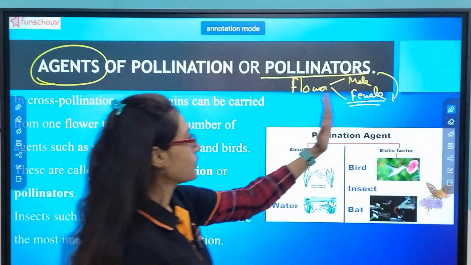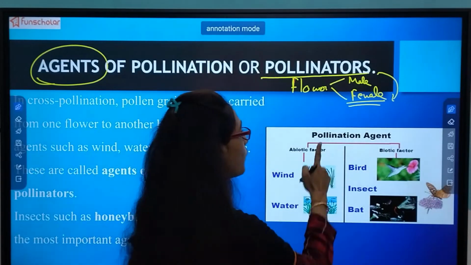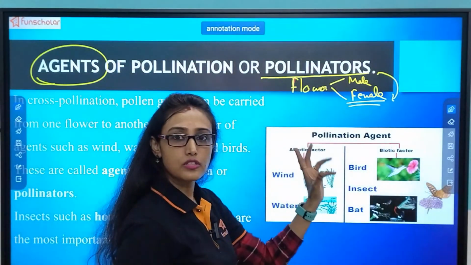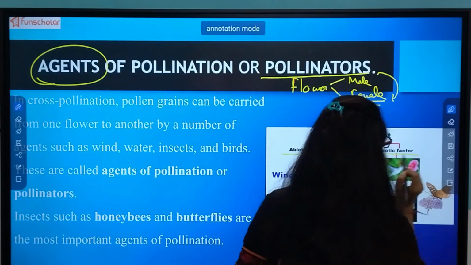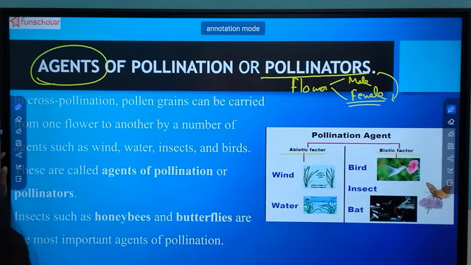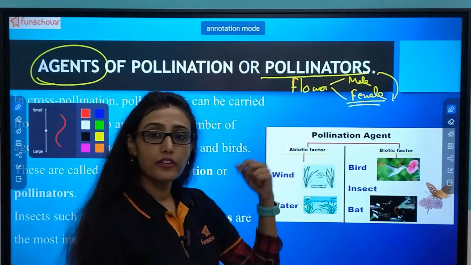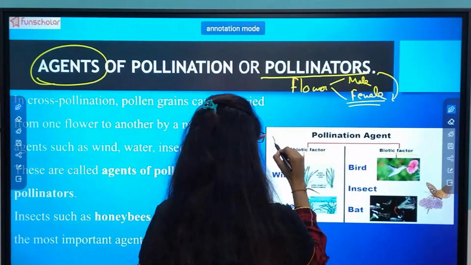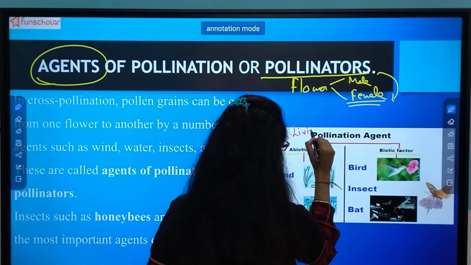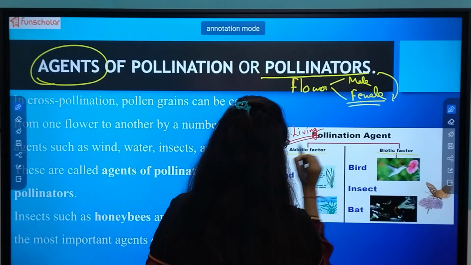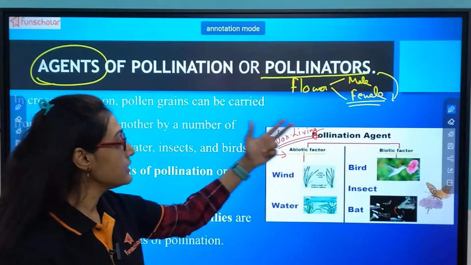Now just look at this picture. Pollination agents. Who are the pollinators? There is one abiotic and one biotic. Now what do we mean by the terms biotic and abiotic? Abiotic means non-living. Please note this point: abiotic always means non-living.